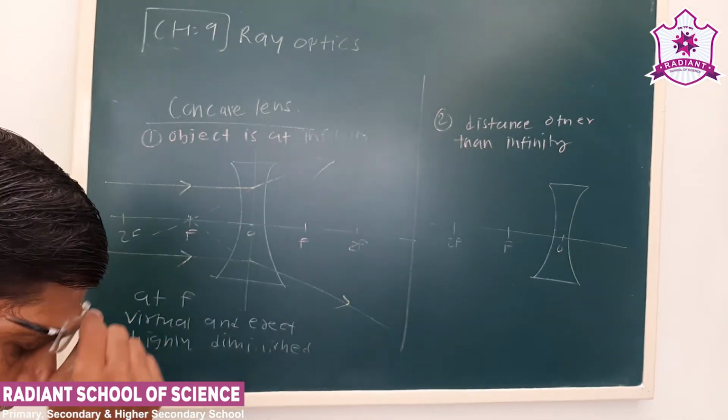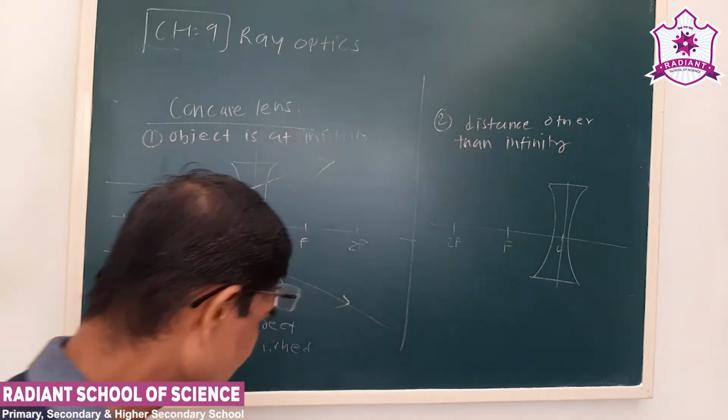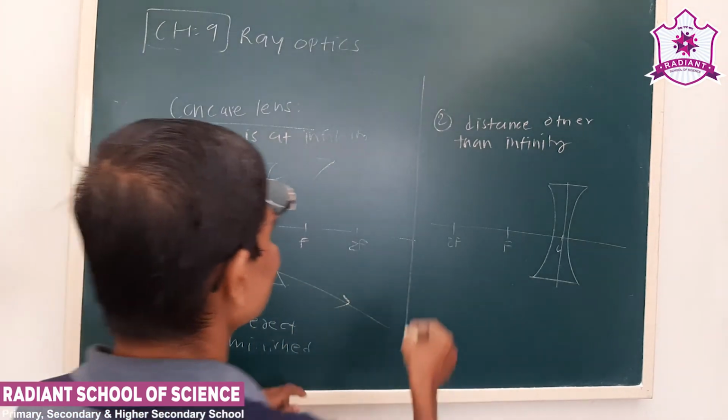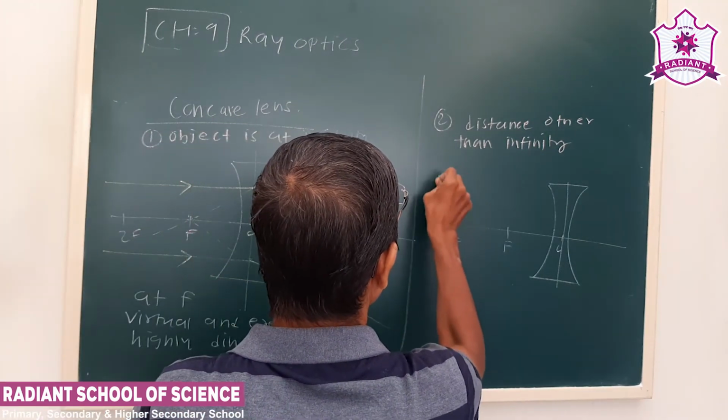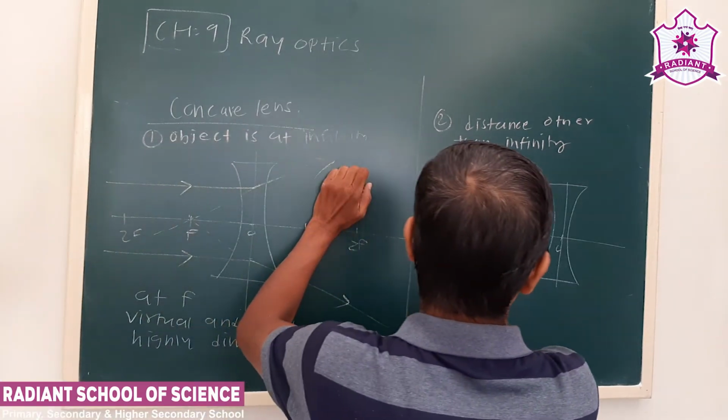Now let us say the object is at a distance other than infinity. Let us say the object is AB. Now see how we draw the ray diagram.